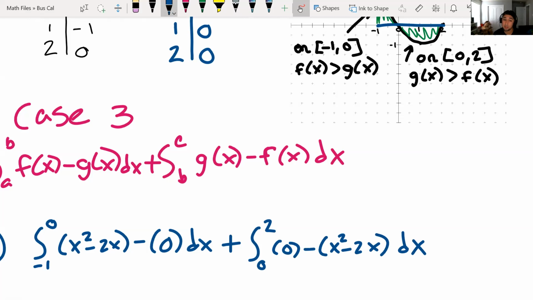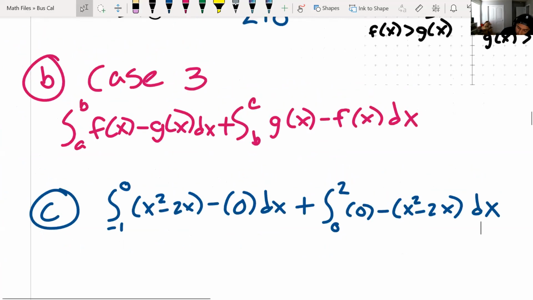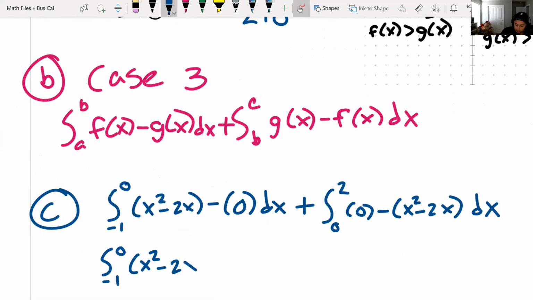Okay, cleanup time. Here we get the integral from -1 to 0 of just x squared minus 2x dx plus the integral of 0 to 2.